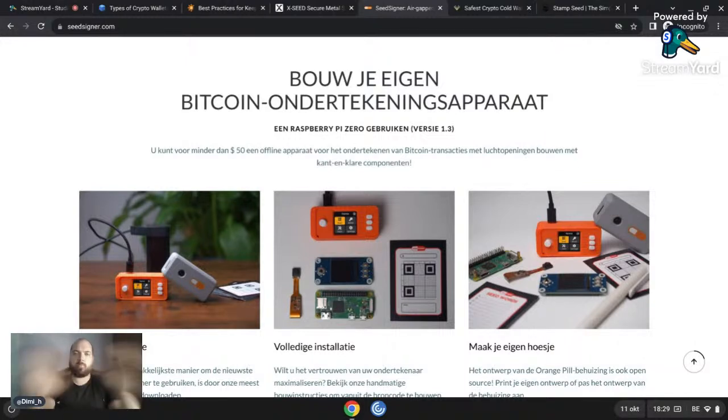So let's take an example here to illustrate my point a little bit more clearly. Say, for example, you have bought yourself a little ledger to store your cryptocurrency, your Ethereum or your Bitcoin on, etc. You do the setup. You need to download some software on your computer for the ledger, and the ledger itself gives you the different steps in order to prepare your wallet.